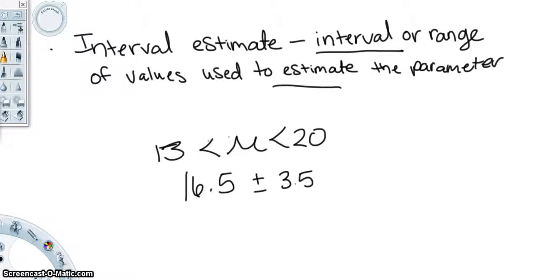So that means it goes from 16.5 all the way up to 20 and down to 13. Those are two different ways we can write this interval. It should also be noticed that in the interval estimate, our parameter may or may not be within the interval. When we want to talk about making sure that our parameter is in between the interval there, we're talking about our confidence interval.